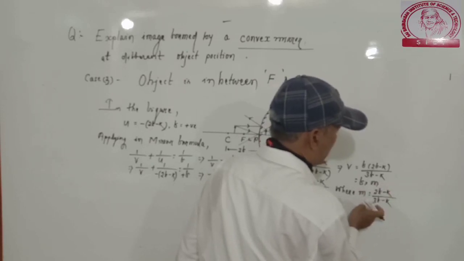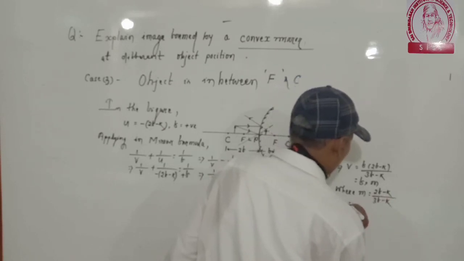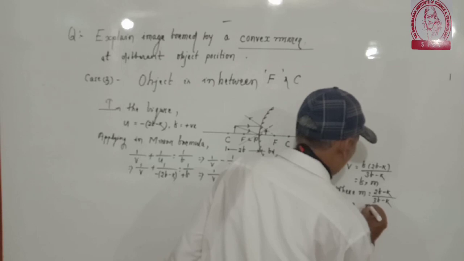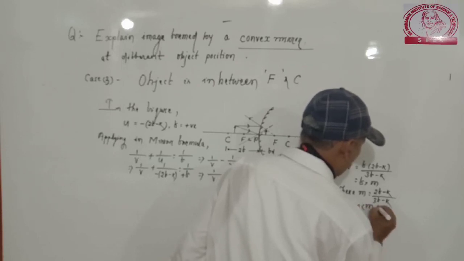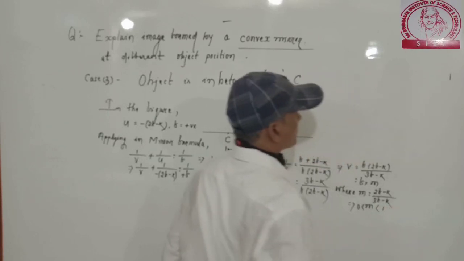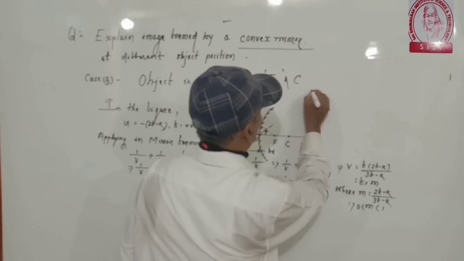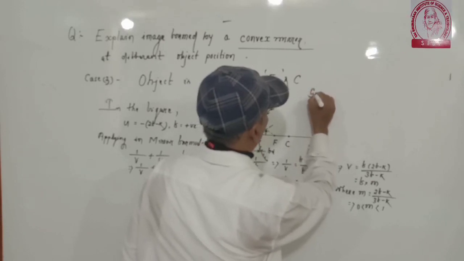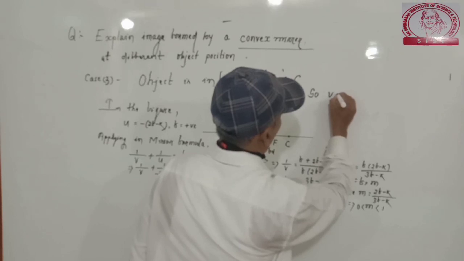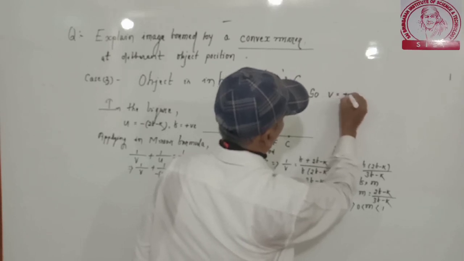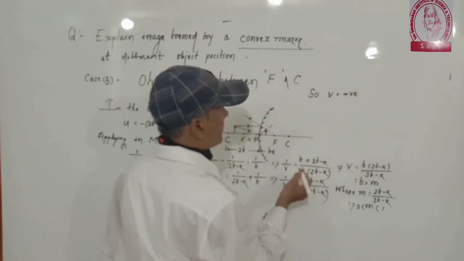Numerator is less than the denominator, so it is definitely less than 1, implies m is greater than 0 and less than 1. So V is positive, that means the image will be formed behind the mirror.